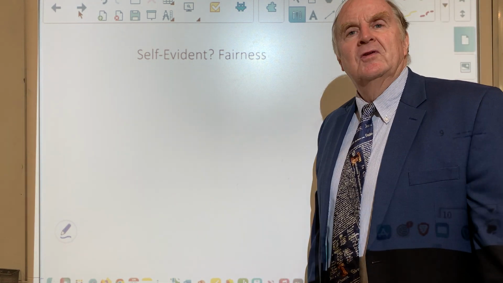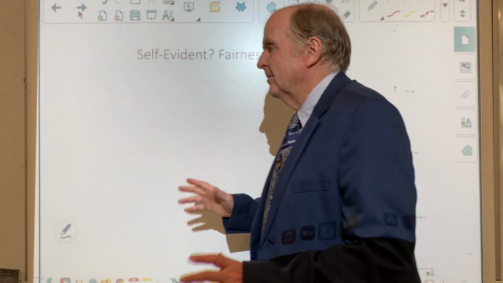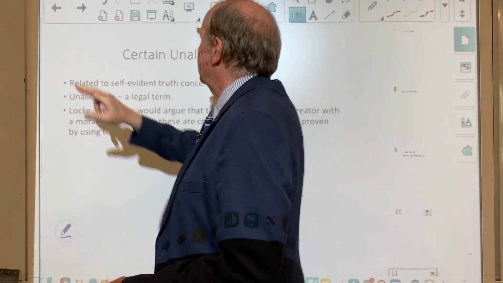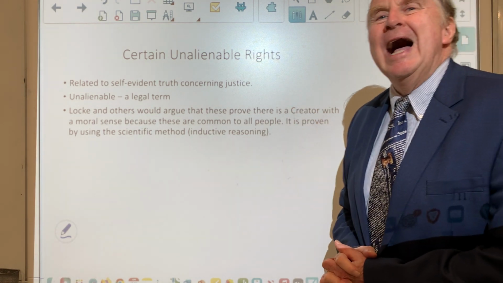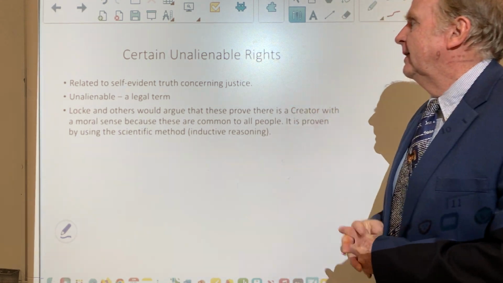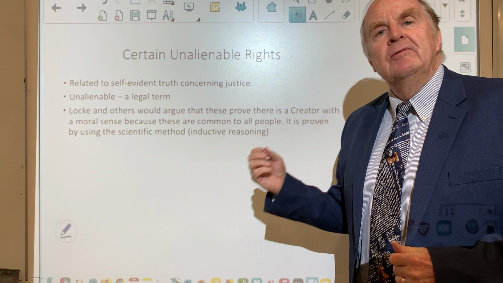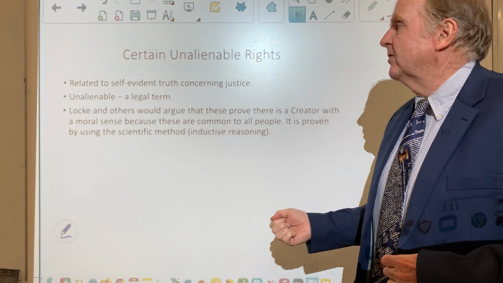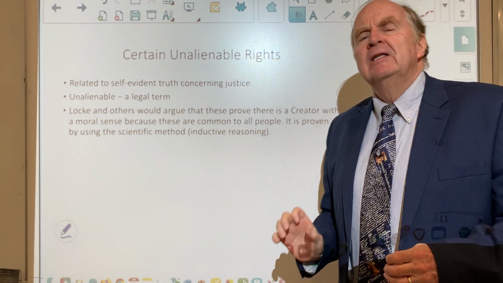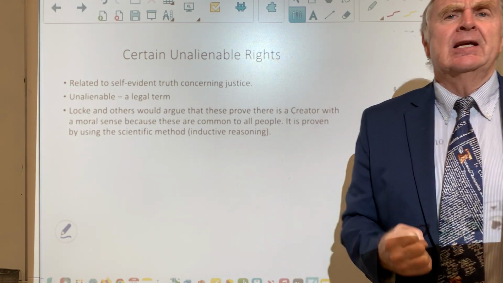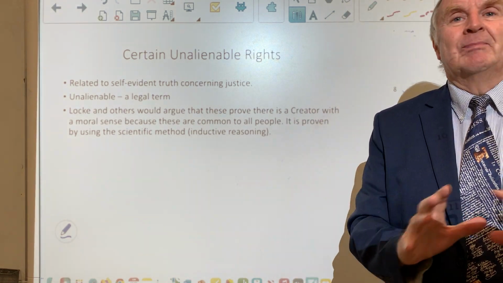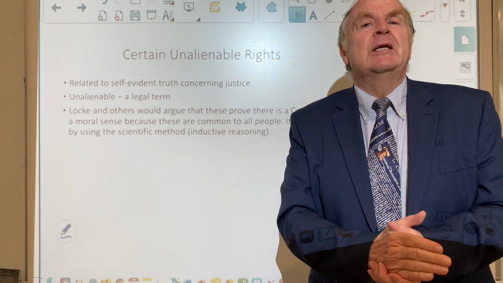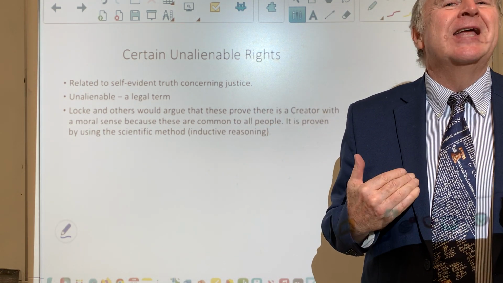And that's what the Declaration of Independence is suggesting to us. There were certain unalienable rights, and these are related to the self-evident truth concerning justice. Unalienable is a legal term, and that means it can't be taken away. Now, sometimes people will, by force, take them away, but they shouldn't be taken away because they're part of our nature.